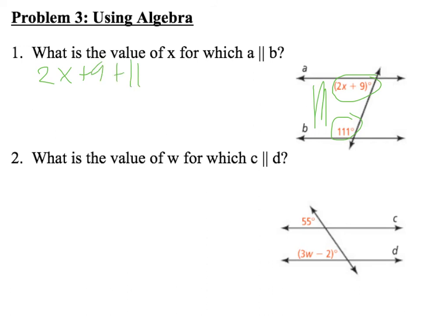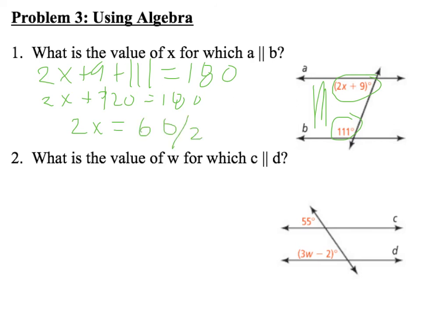So I'm going to write an equation to figure out what x should be to make those two lines parallel. First I'm going to combine like terms. I have 2x plus 120 equal to 180. I'm going to subtract 120 from both sides, and I get 60, divided by 2, so x should be equal to 30. When x is equal to 30, those two lines are parallel.